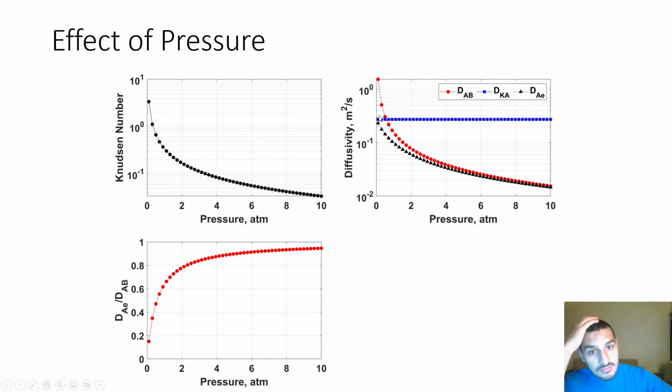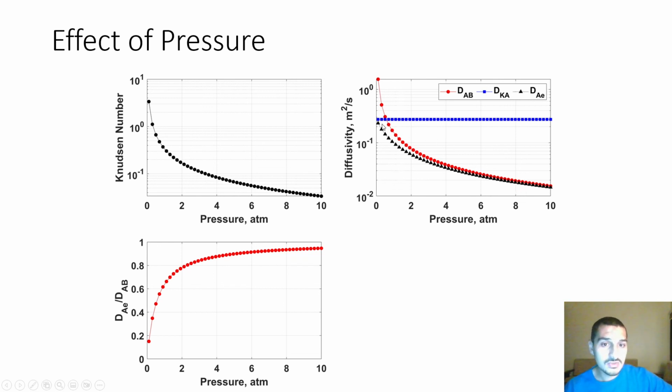But you'd see at very low pressures, when the Knudsen number is very big, you'd see that the effective diffusion coefficient, which is this, is almost equal to the Knudsen diffusion. Okay, but as the pressure increases, then the distance between the effective diffusion and the molecular diffusion gets smaller. And at very high pressures, the Knudsen diffusion is almost not effective.